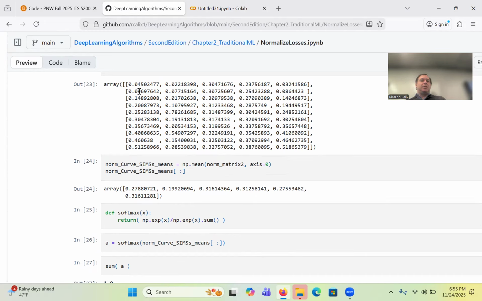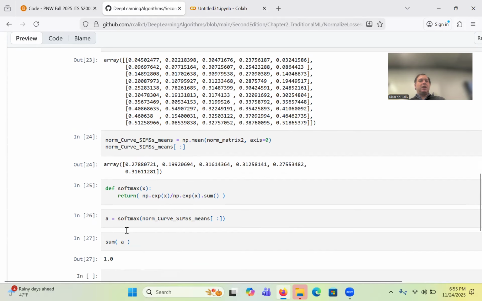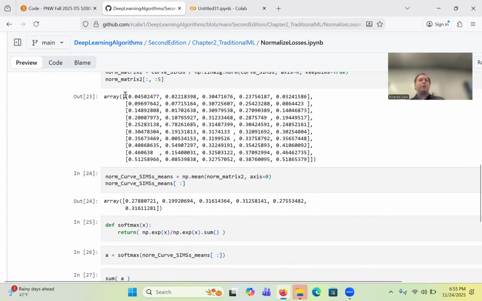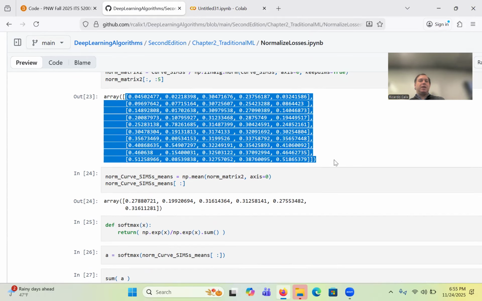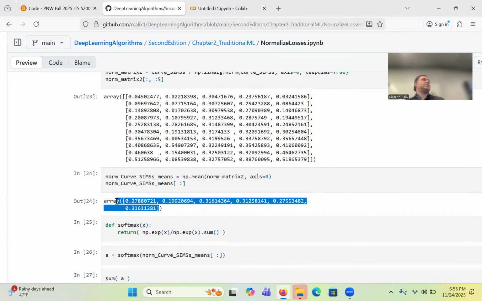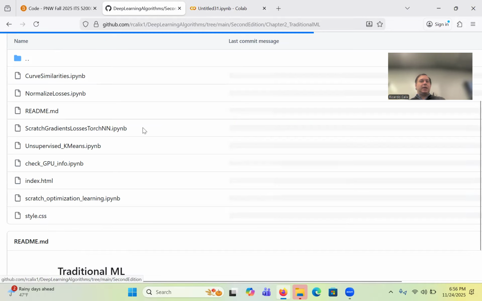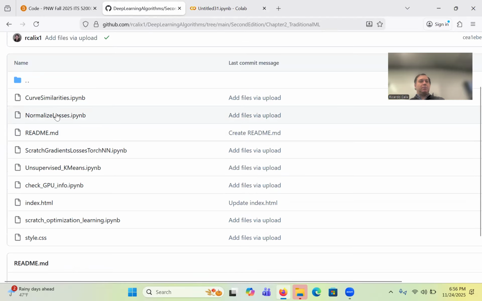So the idea is simply that you take the mean of it, for instance, or you normalize the data. So it's something like this, to go from a batch of data to just one specific value. Okay, and that's kind of what's happening with the normalization. But anyway, I think that's all the examples that I had for today.